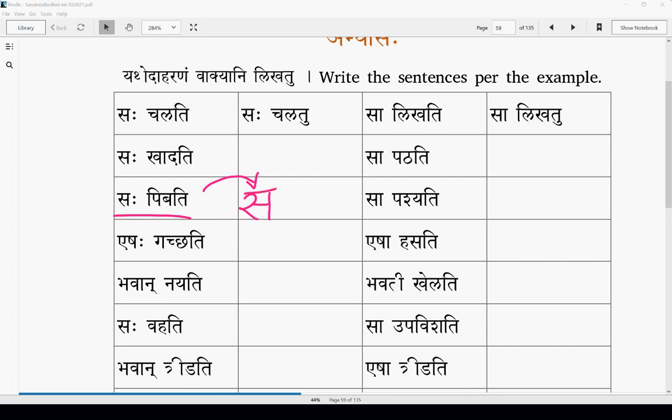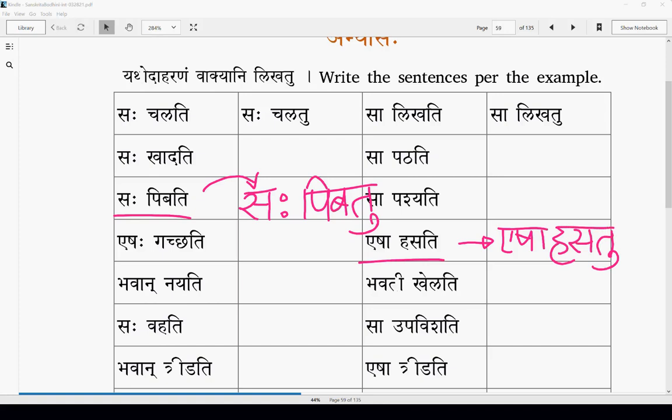Saha pibatu. Simple. Esha hasati. In the Lot Lakara, it becomes Esha hasatu. So what is the meaning of this Esha hasatu? Let her laugh.